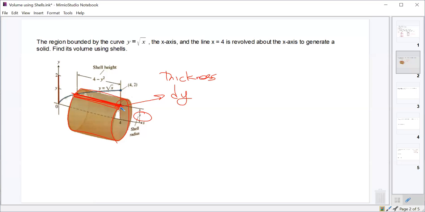So we could say that this height is 4 minus x, like we did before, where we called this x and the whole thing was 4, so we did 4 minus x. But because it has to be done in terms of y, we rewrite y equals the square root of x as x equals y squared, to make this 4 minus y squared. Does that make sense, generally?